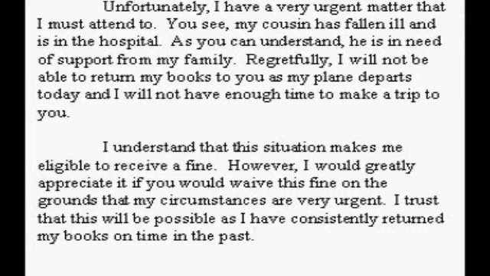Okay, now, so once again, from the beginning of this last paragraph, I understand that this situation makes me eligible to receive a fine. However, I would greatly appreciate it if you would waive this fine on the grounds that my circumstances are very urgent. I trust that this will be possible, as I have consistently returned my books on time in the past.